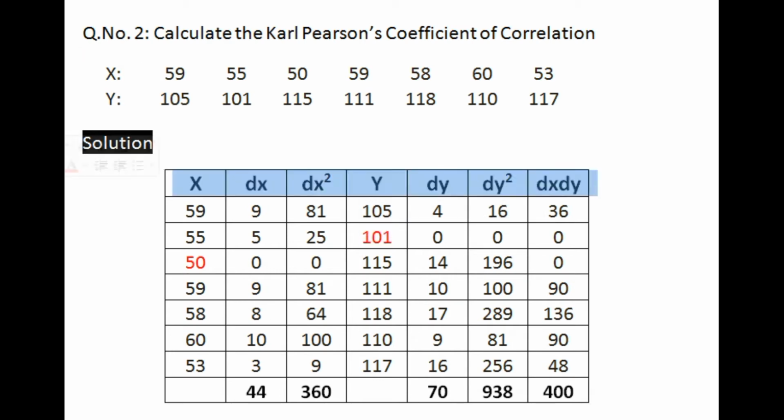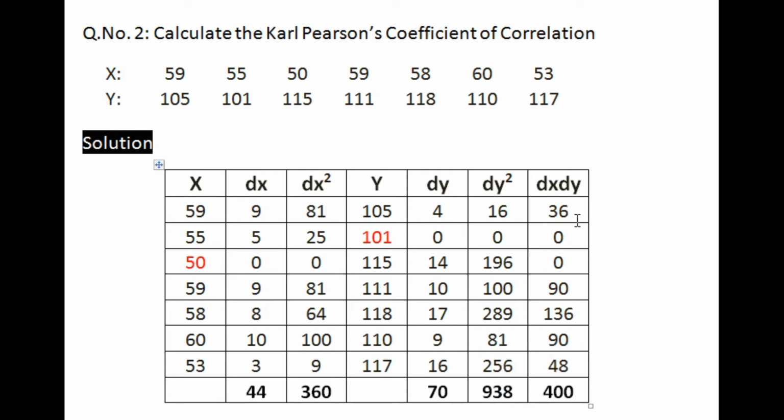Then 105 minus 101 is 4, 101 minus 101 is 0, 115 minus 101 is 14, 111 minus 101 is 10, 118 minus 101 is 17, 110 minus 101 is 9, 117 minus 101 is 16. Then square these: 4 square 16, 0 square 0, 14 square 196, 10 square 100, 17 square 289, 9 square 81, 16 square 256. Take the total of these two columns.